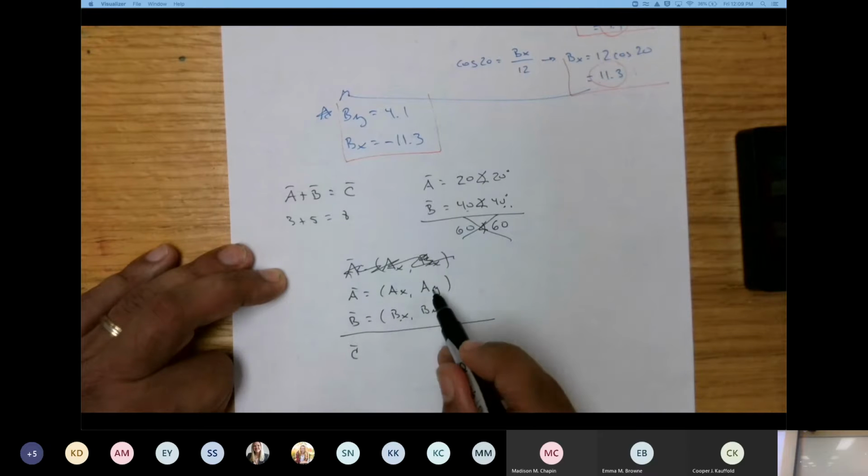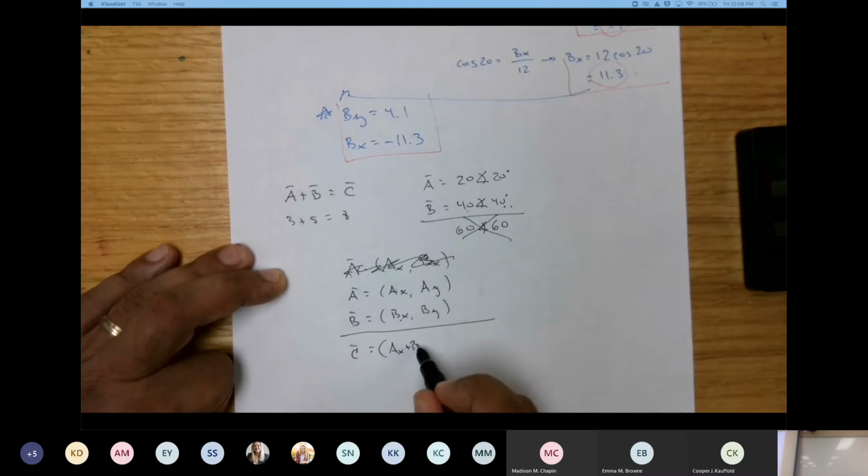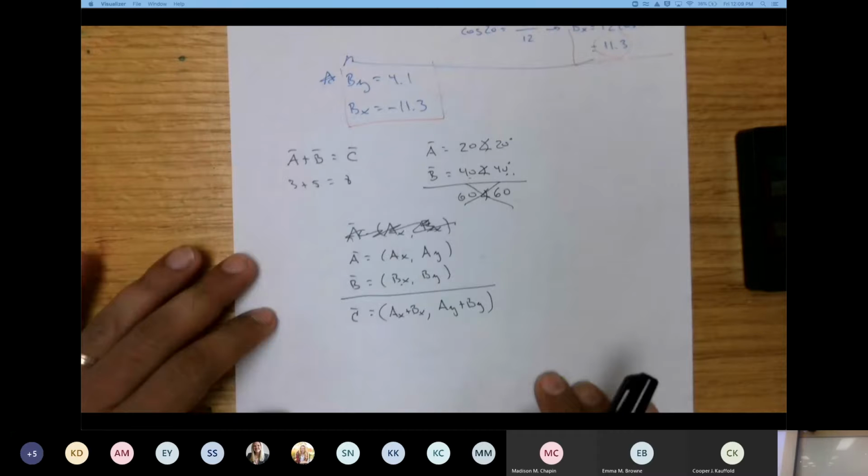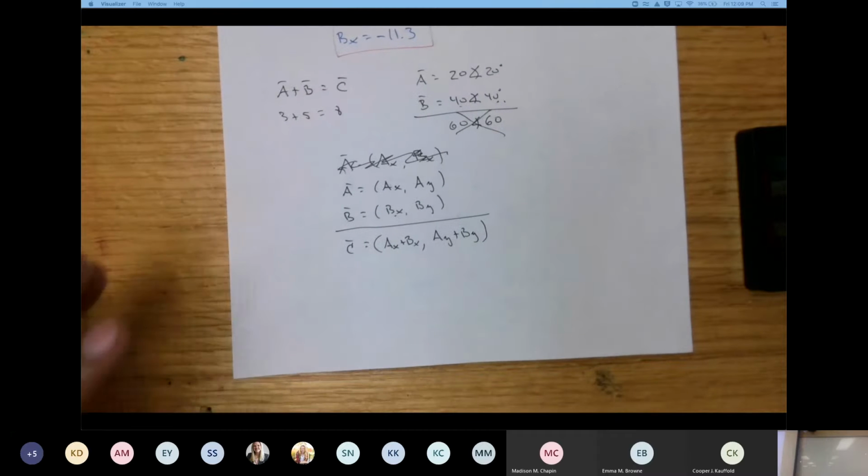So you will have Ax plus Bx, Ay plus By. Now you end up with the components of C, and then you can use those components to calculate the magnitude and the direction of C. Okay? So it's a little bit complicated. It's a lot of steps. But right now, with the algebra that we have, that's the only way we can do it. Okay?